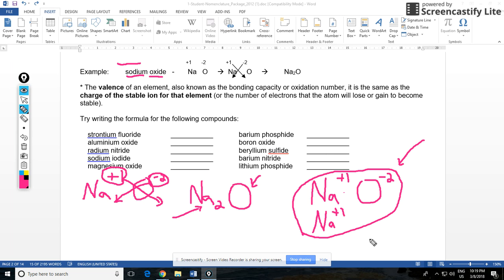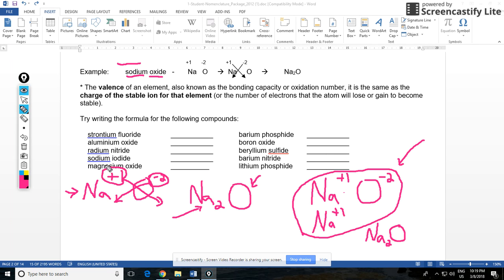You need 2 sodiums and 1 oxygen, so you can simply write that you have 2 Nas and 1, I should say, oxide, because it's not the oxygen atom, it's the oxygen ion, the charged one. So you'd say oxide. As you change the ending, you change the ending to "ide." So that was the charge balancing method, and this over here to the left was the crisscross method, and you can choose to use whichever method you like.